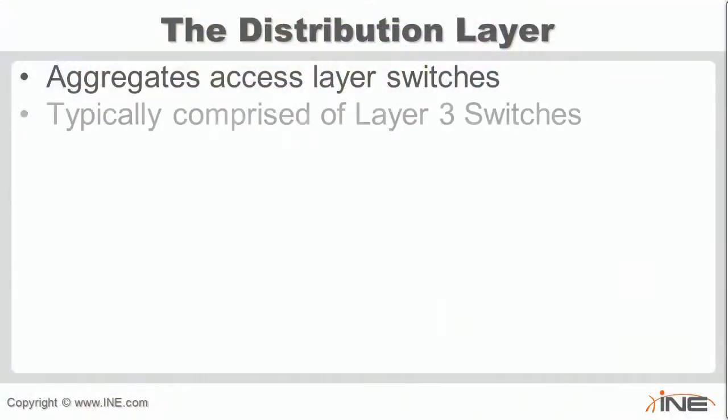We're trying to combine them into a smaller number of links, but generally higher bandwidth links. A lot of times this is where our layer 3 operations are going to run, where the end host, when it looks at its default gateway, could be pointing at the distribution layer. So this is going to be our demarcation between the layer 2 network and the layer 3 routing network.